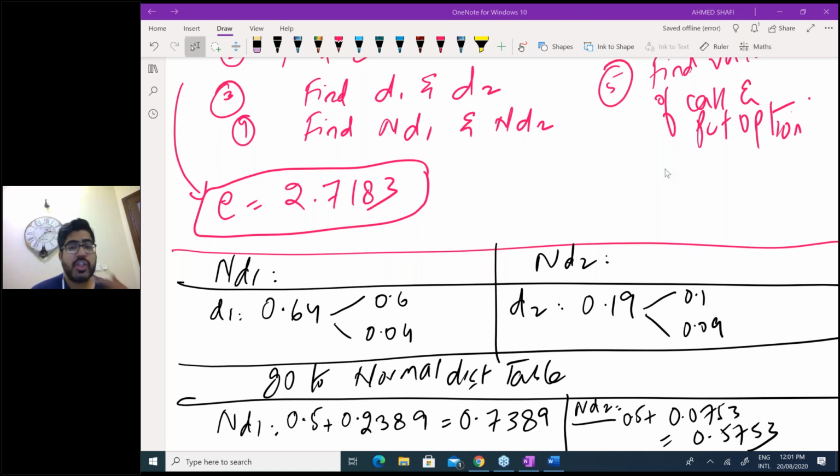The current share price is given as 85 per share. 2.7183 is the value of the exponential function constant, e. It's a constant. You can check the calculator for it. We will shed light on the NPV stuff as well. Yes, it doesn't matter whether you round up or down.